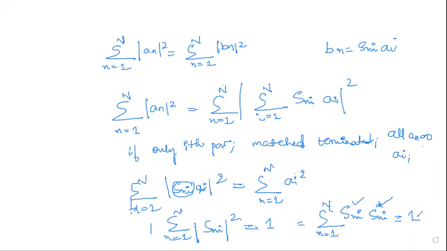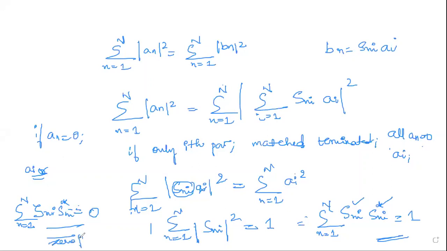Now for a lossless junction, if it is equal to 1, then we say this is the unitary property. Or if all the An are equal to 0 except Ai, where Ai is not equal to 0, and the summation n equals 1 to n applies a condition where Sni times the complex conjugate is equal to 0, then this property is called the zero property.